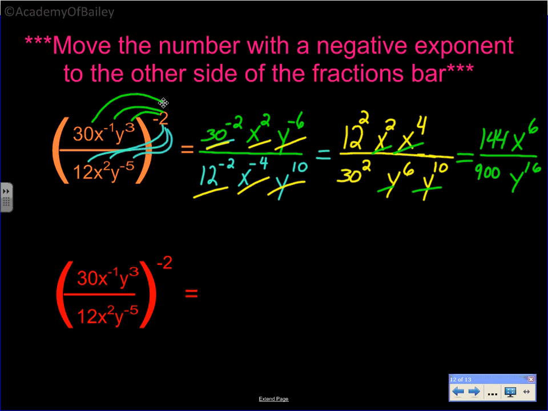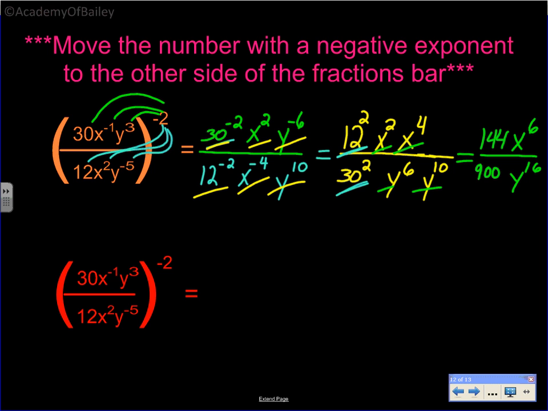And we know 144 divided by 900, we can reduce those. If you're unsure of what numbers you can reduce them by, just think back here, 12 and 30. You could reduce 12 and 30 by 3, right? But remember, it's 12 squared divided by 30 squared, so that means we could reduce it by 3 squared, which would be 9. So 144 divided by 9, what's 144 divided by 9?